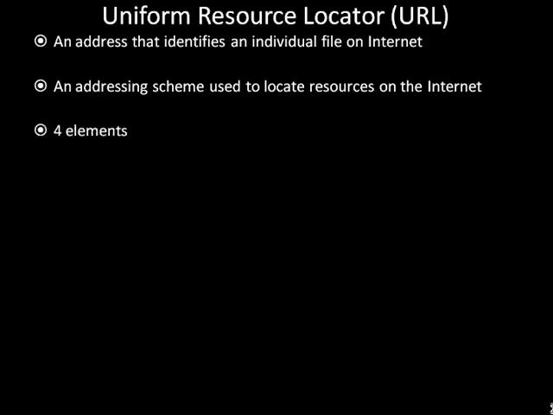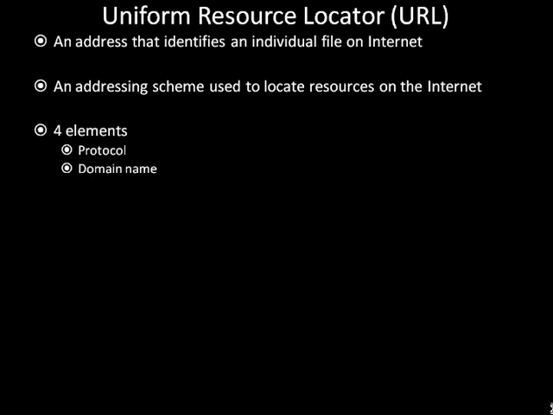The protocol. HTTP specifies the protocol that is being used. Examples of Internet protocols are HTTP, used for web pages, and FTP, used for files, movies, music files, programs, etc.